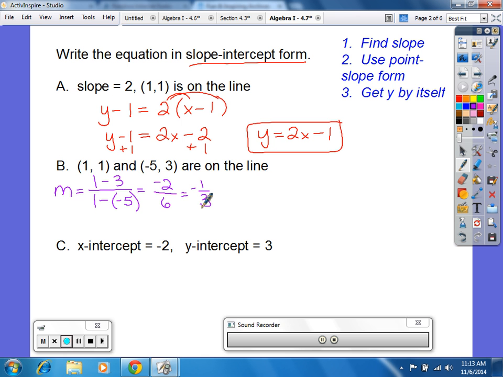Step 2, put my equation in point-slope form. I'm going to use the first point, so y minus the y value equals slope times x minus the x value. Step 3, get y by itself. First distribute.